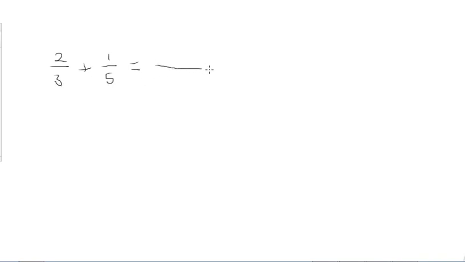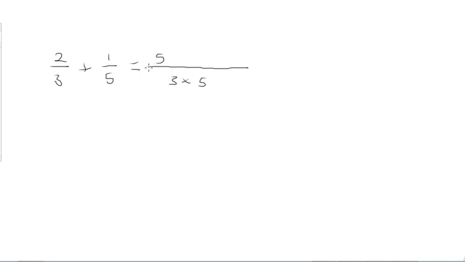Okay? So we're going to say, let me draw a straighter line, 3 times 5 at the bottom. When you have different denominators, we multiply the two denominators. Then we take this denominator and multiply it by that numerator.